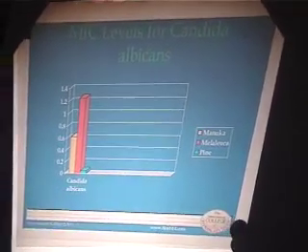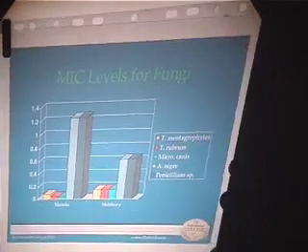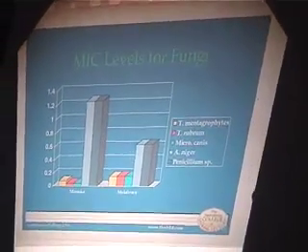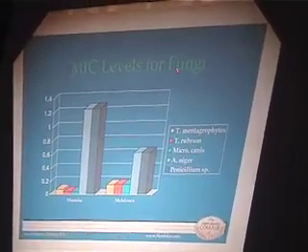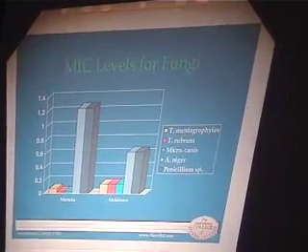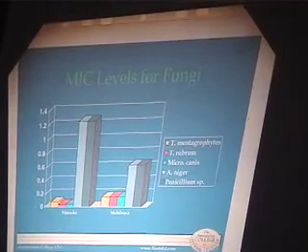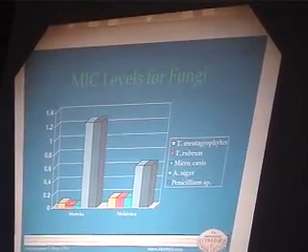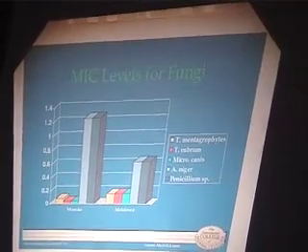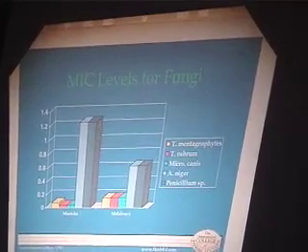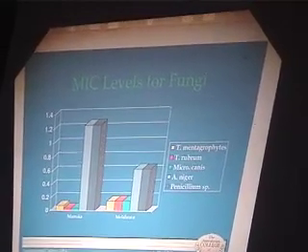So again, we're looking at the minimum amount. Manuka's activity against fungi is also of interest. In this graph, I want you to notice the mentagrophytes, the rubrum, and the canis. So we're looking at these in comparison to this. These fungi are all responsible for various types of ringworm.